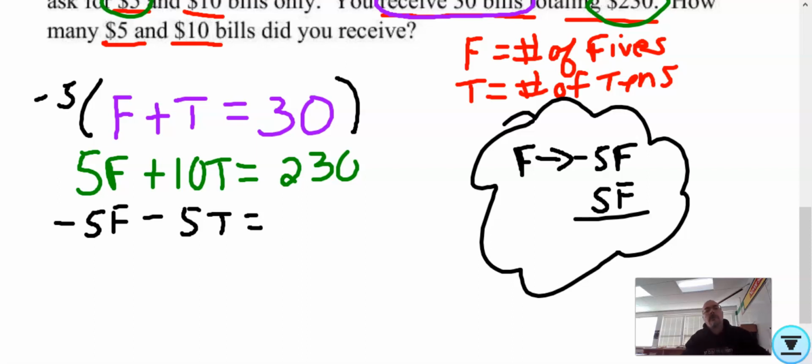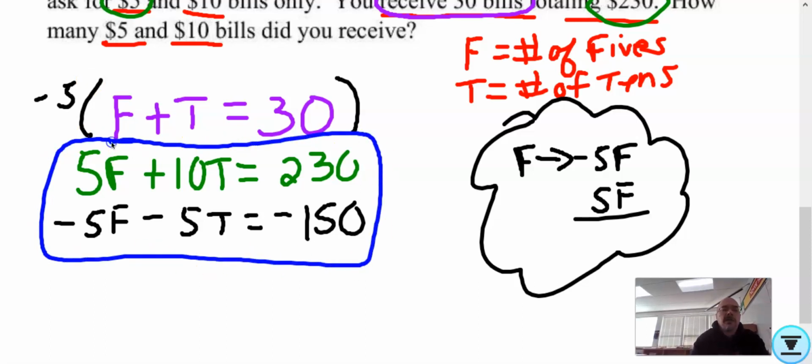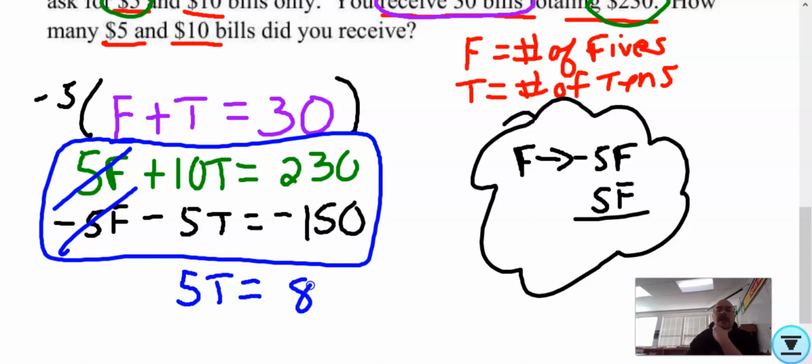Let me just double check. Is that 150? Let's see, 30 times negative 5. Yep, negative 150. Okay, so now I'm looking just at these two equations because now the 5s will eliminate. This becomes 5T equals, let's see, 230 minus 150, I believe that's 80.